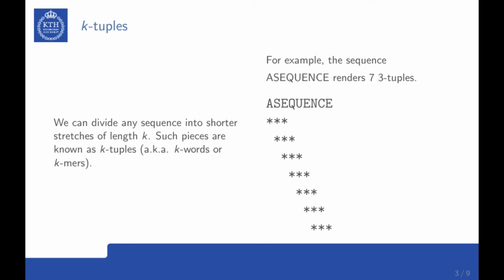So, for instance, you can divide the sequence ASEQUENCE into 7 different 3-tuples: ASE, SEQ, EQU, QUE, UEN, ENC, NCE. So by dividing things into k-tuples, you now get a shorter length representation of this little longer sequence.